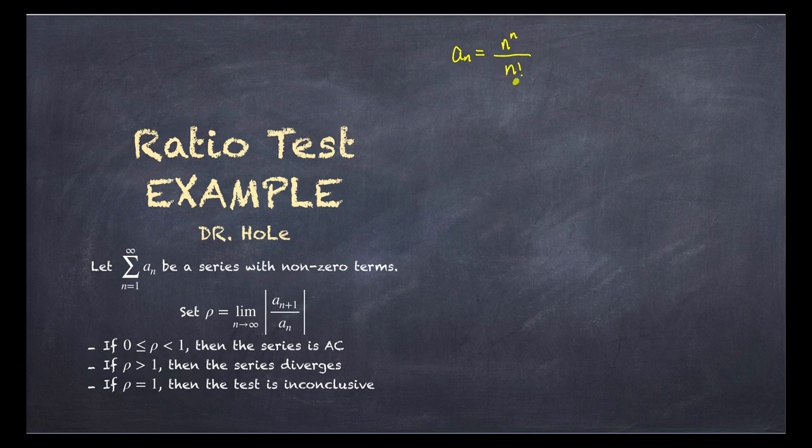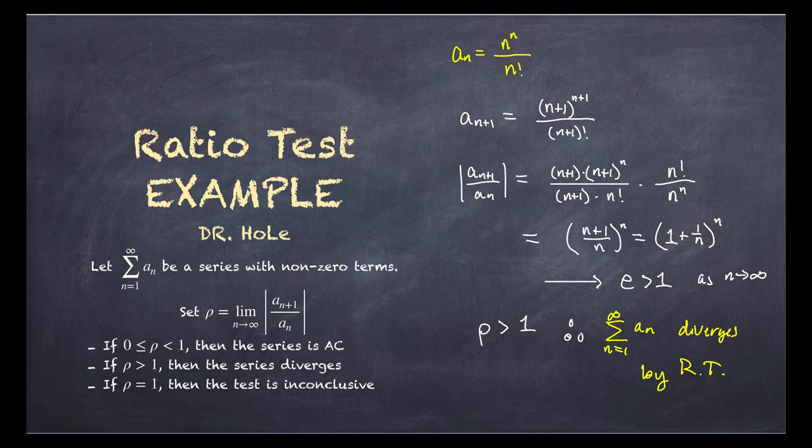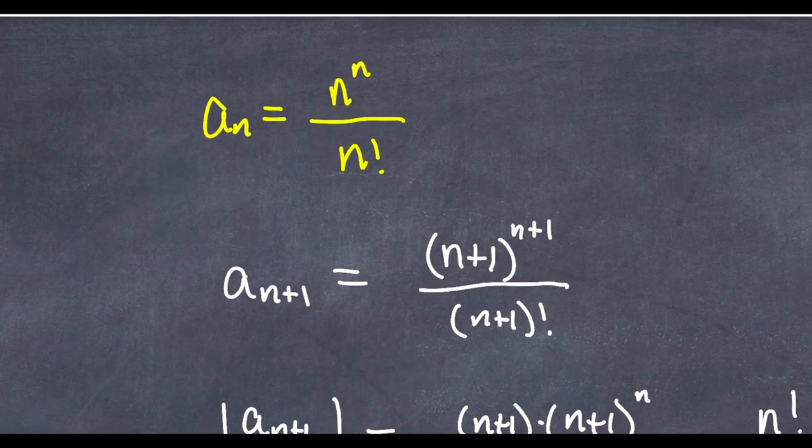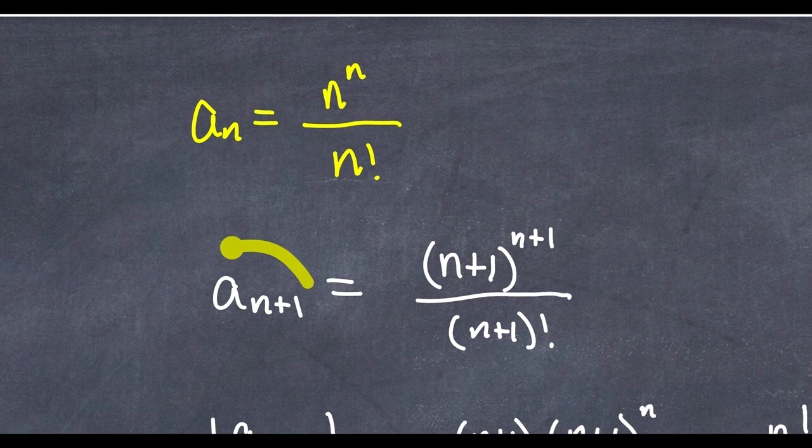All right, so that factorial, which we thought was hot stuff, we should find is not going to compare to n raised to the n. Let's verify. Okay, so first, write down the next term. Wherever n is, replace it with n plus 1.